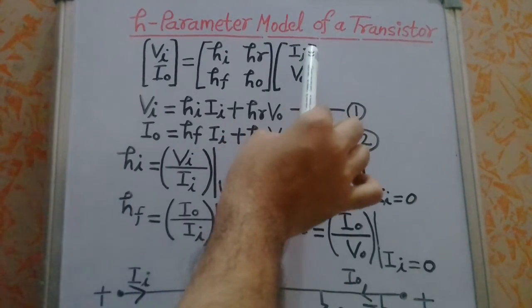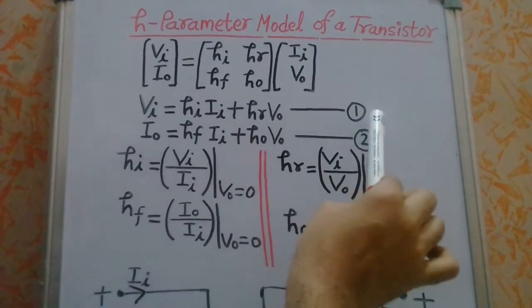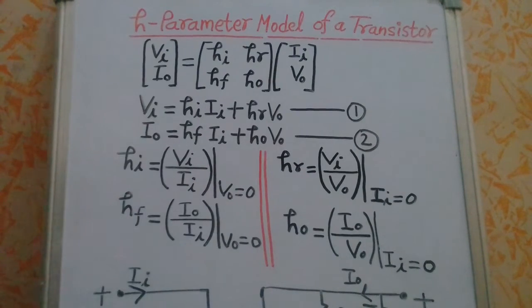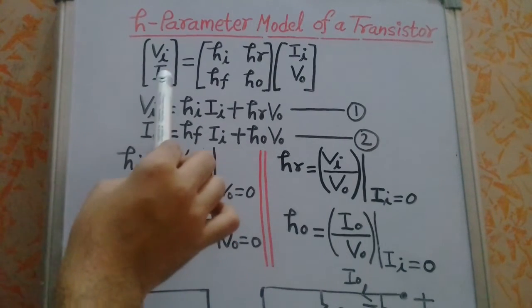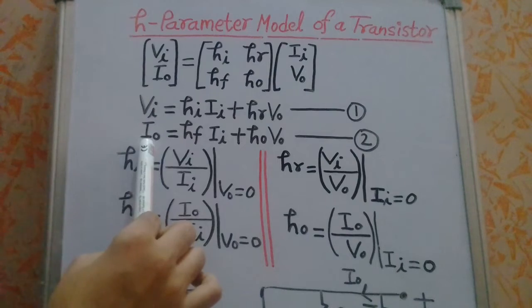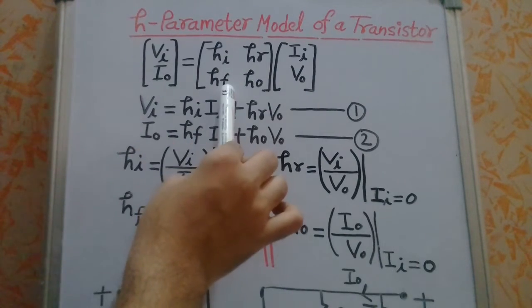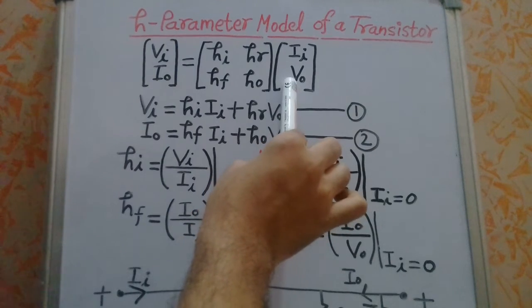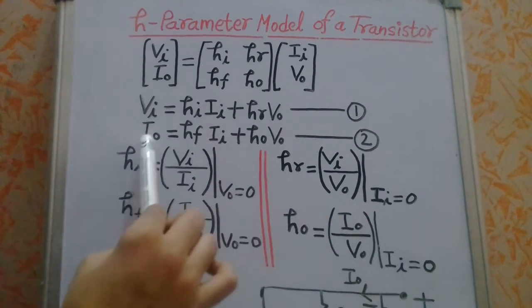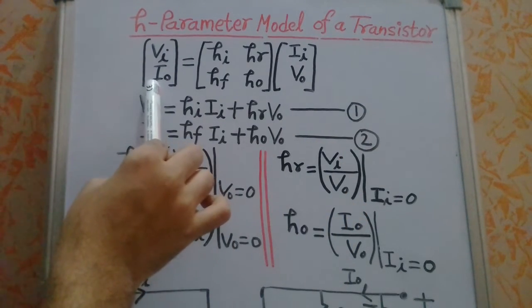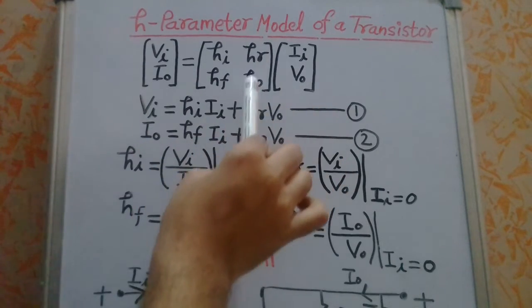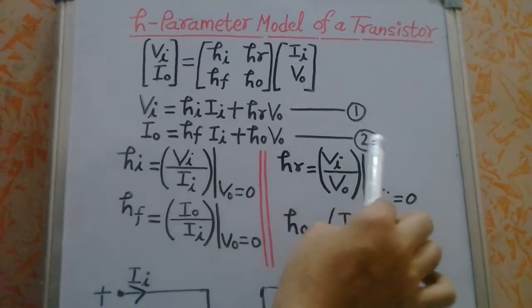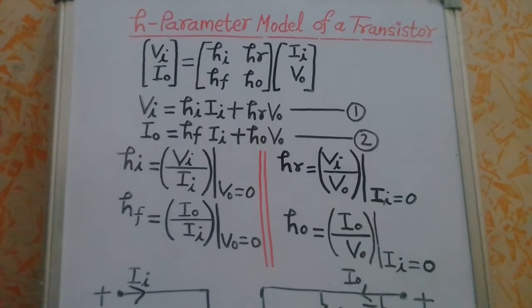Just open the matrix and you will get this equation number 1. Similarly, the output current Io is equal to hf into Ii plus ho into Vo. That is equation number 2.